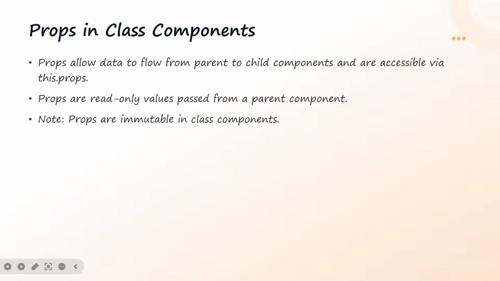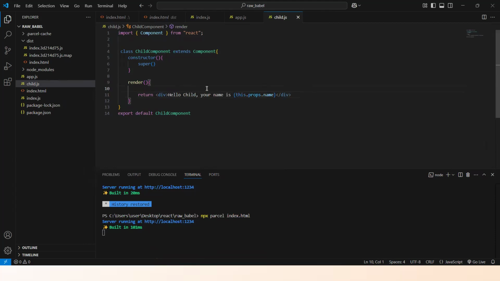So if I go back and say, okay, I got some props from the parent and I want to change it here, and I say this.props is equal to... sorry, if I want to use the props outside of this function, I will have to initialize it in the constructor.